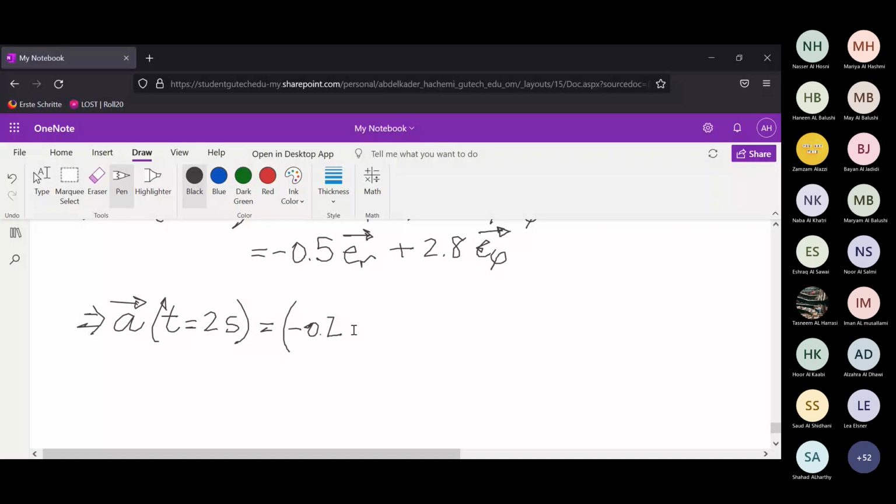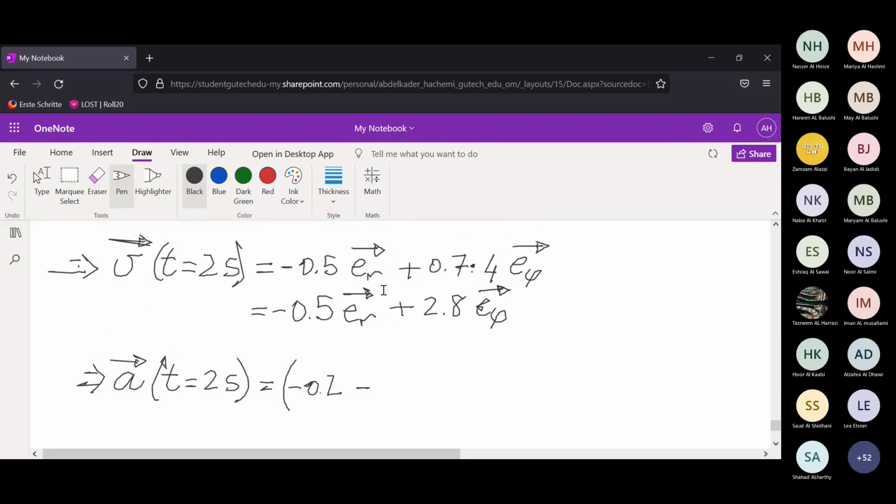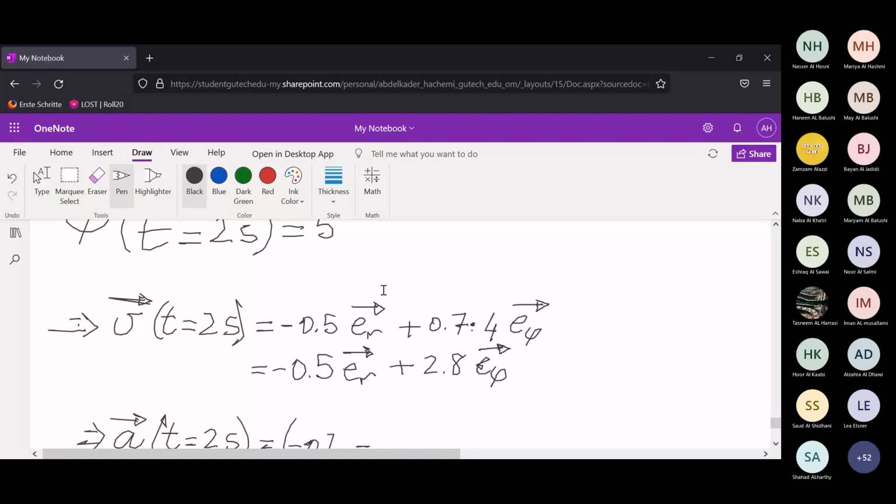Doctor, I have a question. When you solve these questions, do we have to show all the steps from where we get the equation, or can we write the last equation only and plug in the numbers?